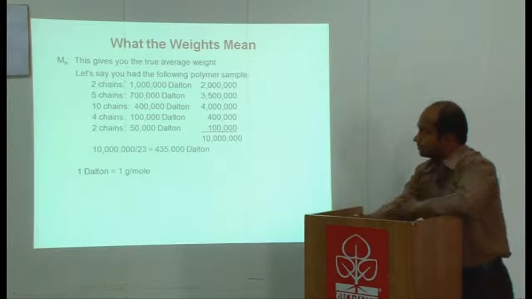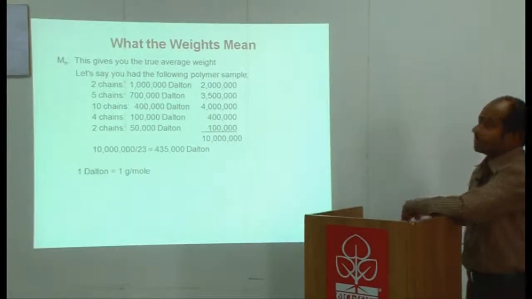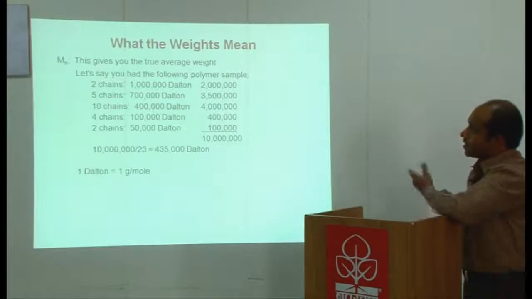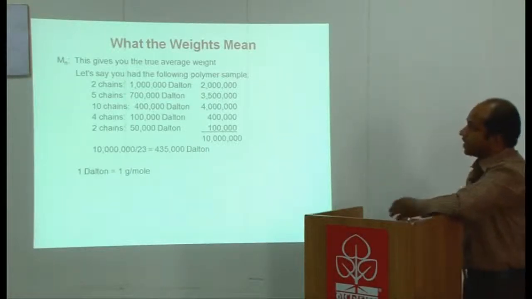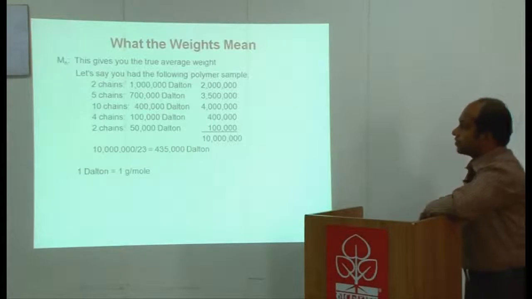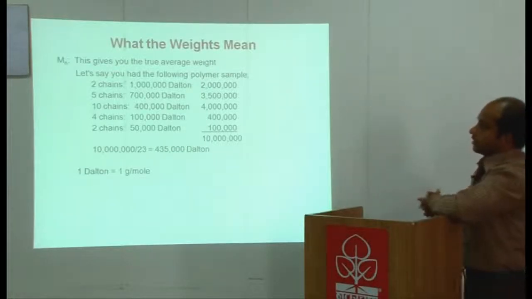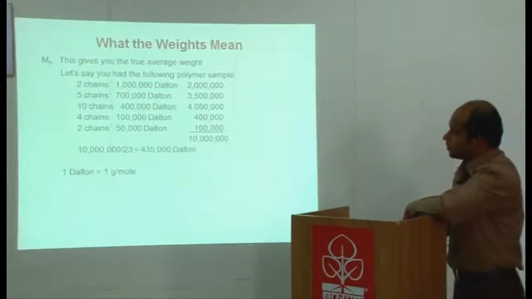Say for example, if you have a polymer sample where there are multiple chains: 2 chains of 1 million Dalton, 5 chains of 700,000 Daltons, 10 chains of around 400,000 Dalton, 4 chains of around 100,000 Daltons, and 2 chains of 50,000 Dalton.